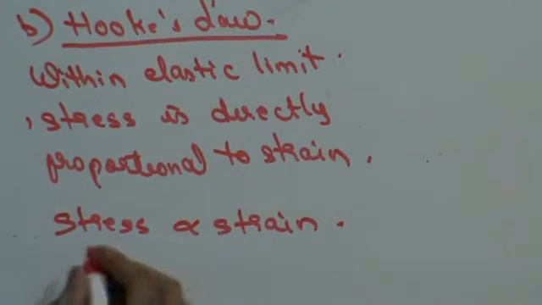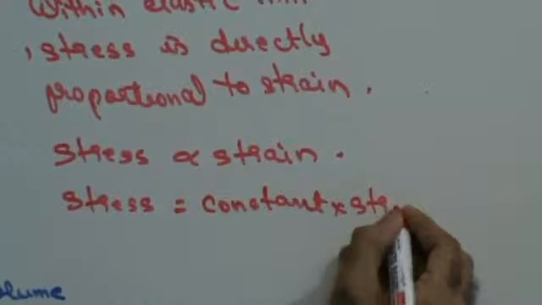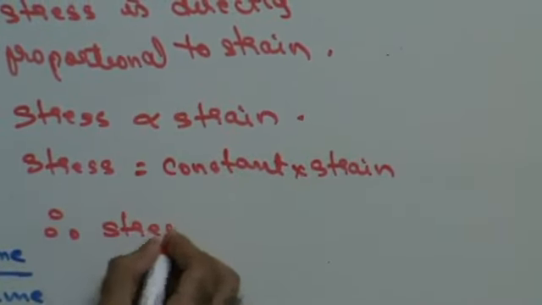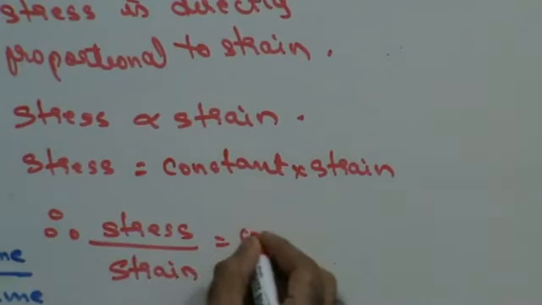Now, therefore, I can say that stress, to convert proportionality to equality, I have to multiply by a constant. So, stress is equal to constant into strain. Therefore, I can say that stress upon strain is constant.